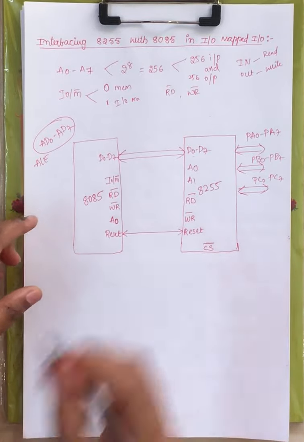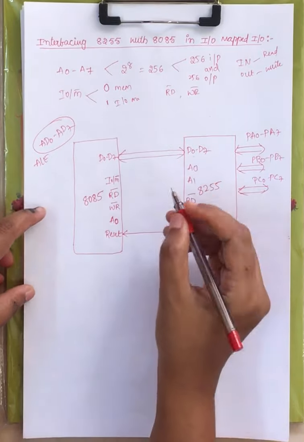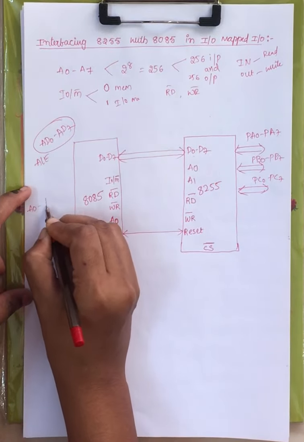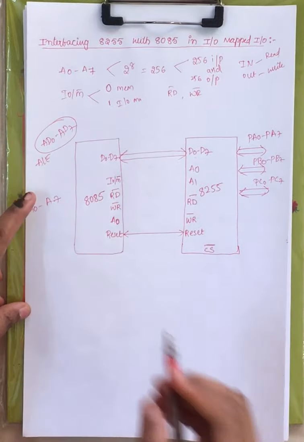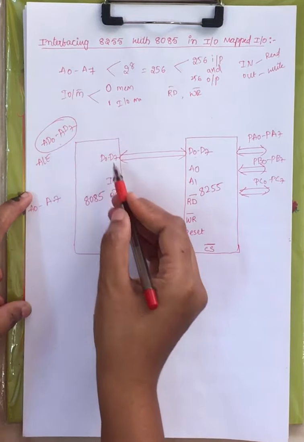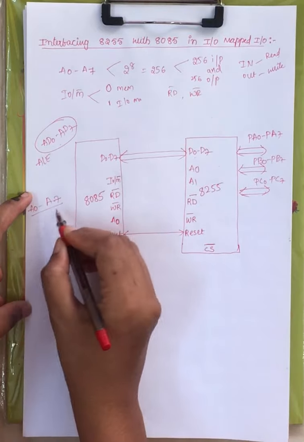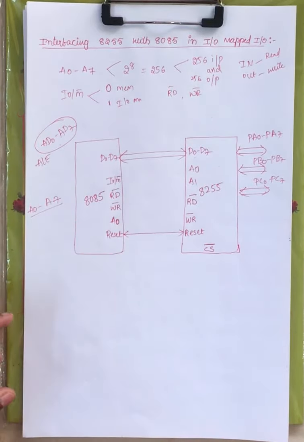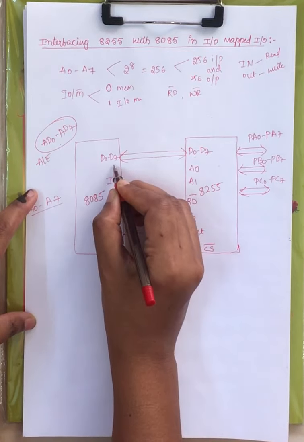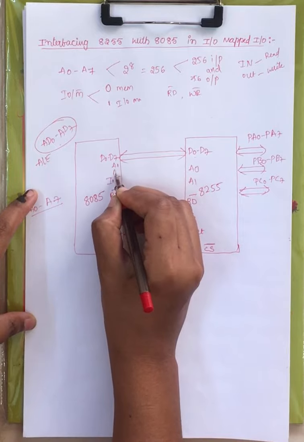Here we are using only 8 address lines, that is A0 to A7. After demultiplexing, the data bus is connected over here and A0 to A7 are used for the interfacing part. Now A0 I have represented here. Next we have A1 and A2.